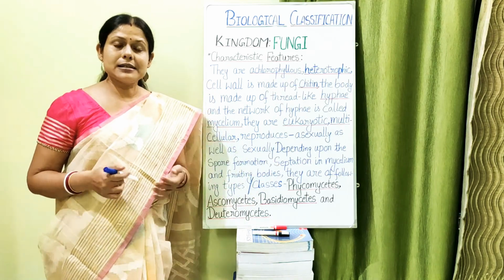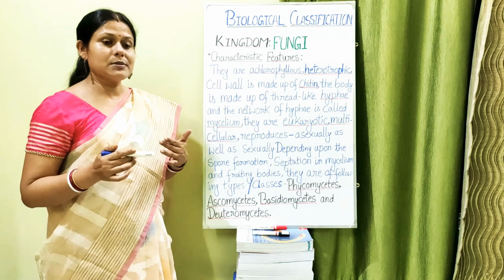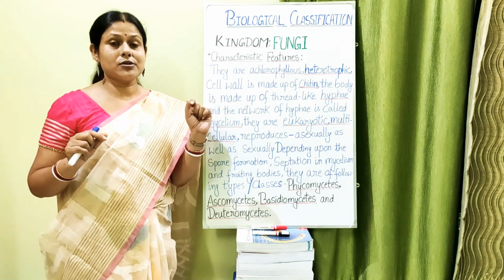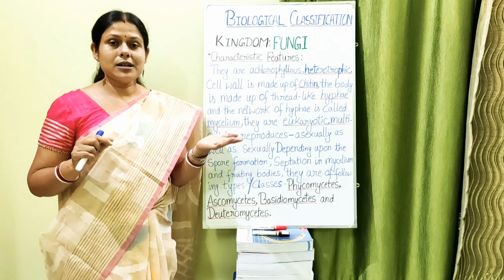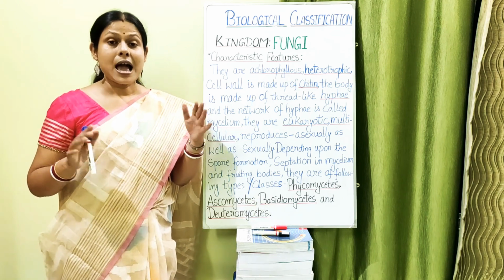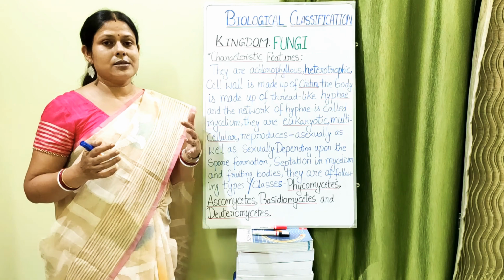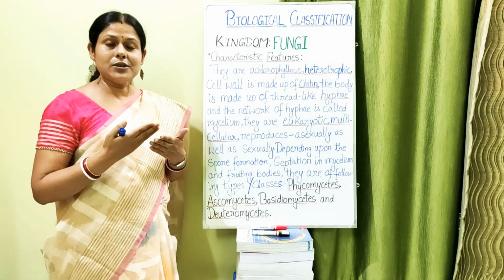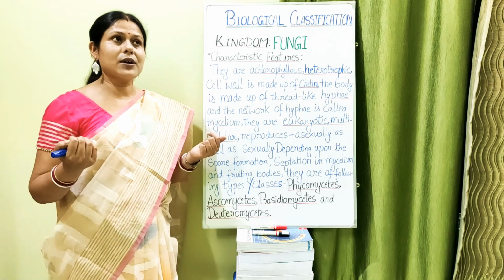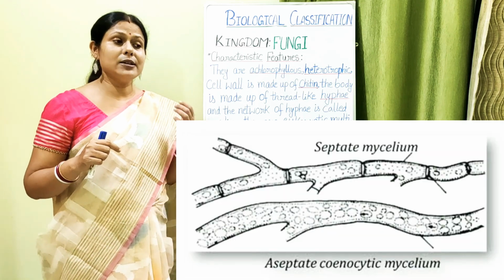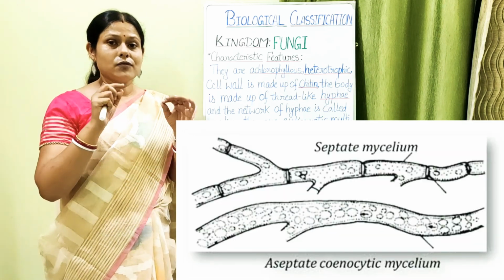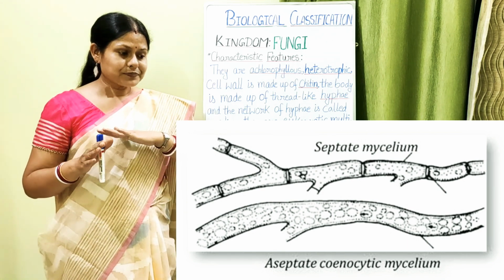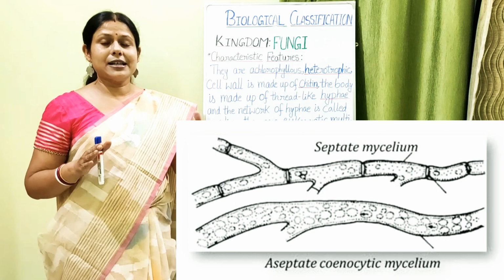So what is this mycelium? The organism's body is made up of fine thread-like structures. Now these fine thread-like structures are known as hyphae, and the plural is hyphae, and a network of these hyphae is called your mycelium. Now as it is multinucleate, if we see it under the microscope, we can find that various groups of fungus are there in which the multinucleate condition is not separated by any kind of partition wall.